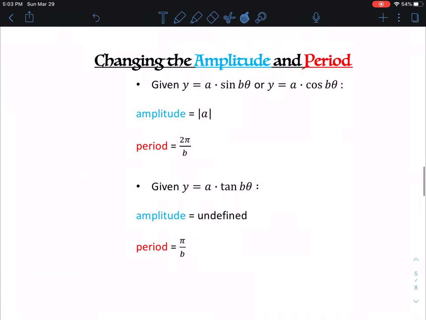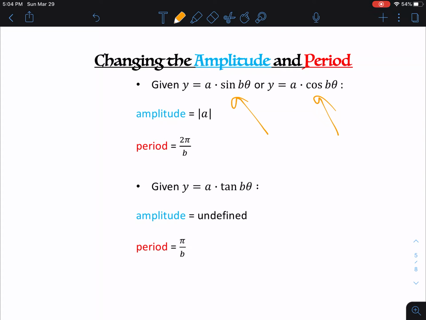Okay, so how do we change the amplitude? When we're looking at sine or cosine, the a value in front of the sine or cosine, that is going to be the amplitude. Just take the absolute value of that value and you will get your amplitude.